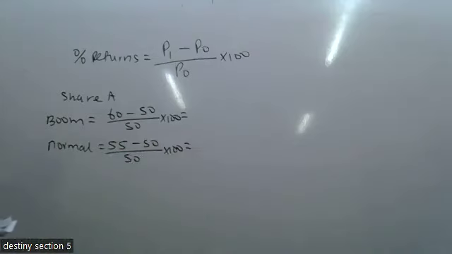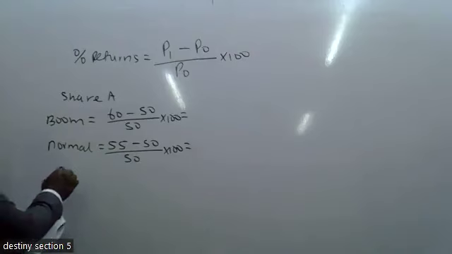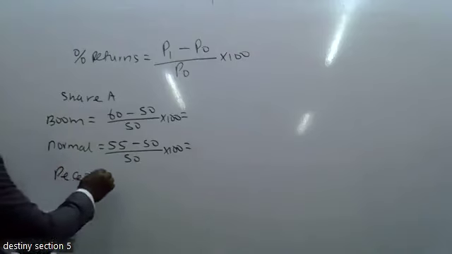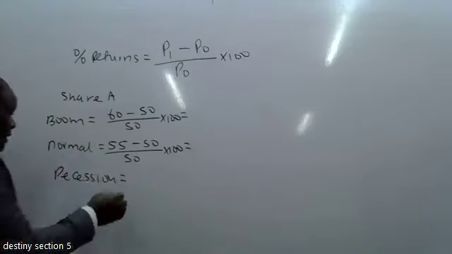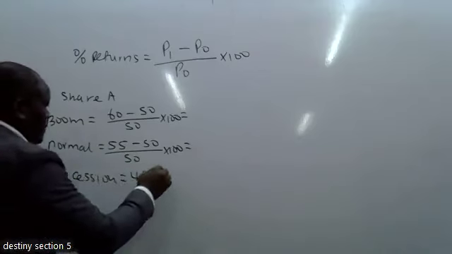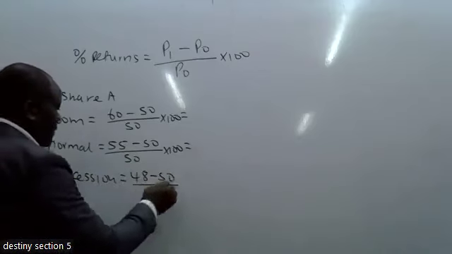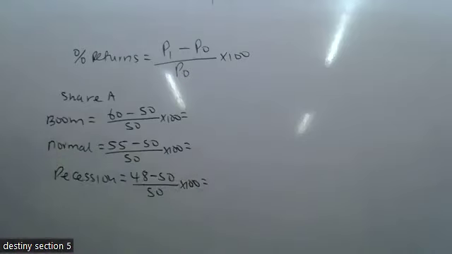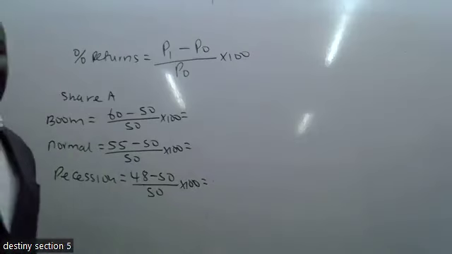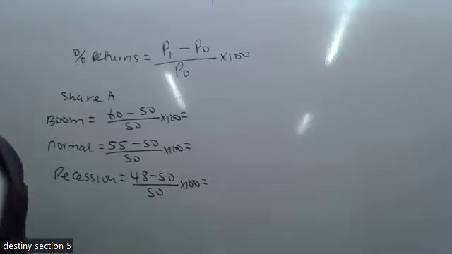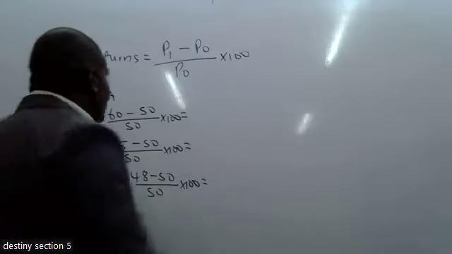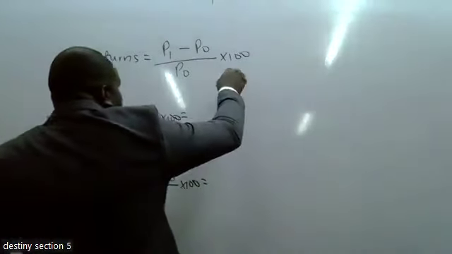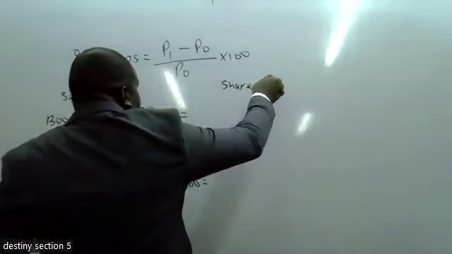Also the share price for A under recession, you take what you are given as 48, subtract 50, divide by 50, and express it as a percentage. So that is now the percentage return for share A under boom, normal, and recession. You do the same for share B.